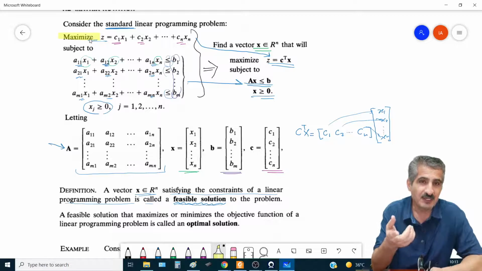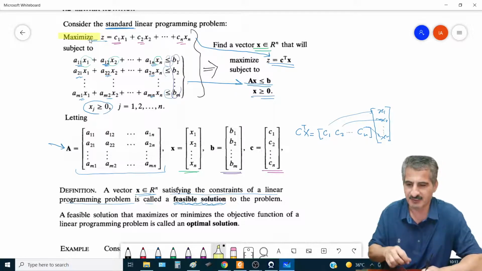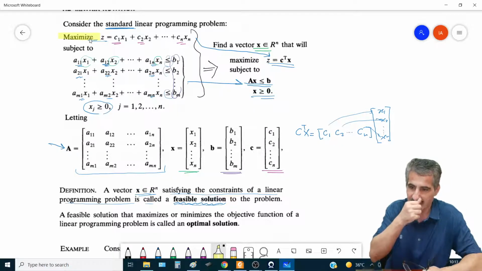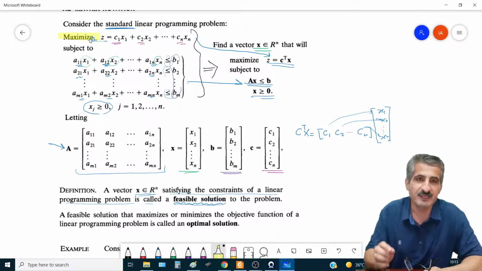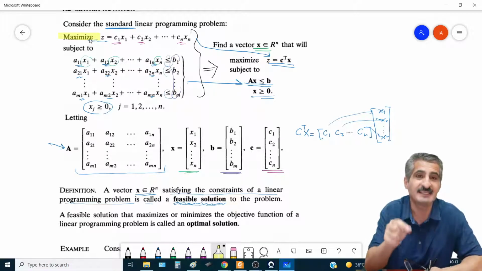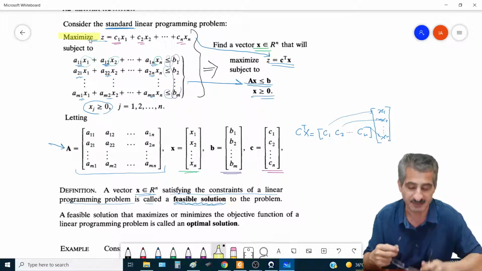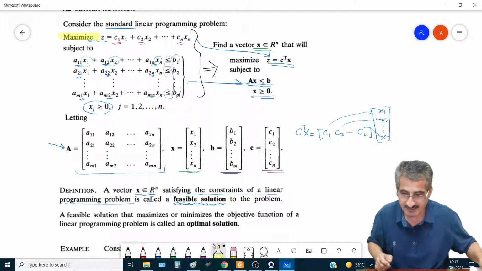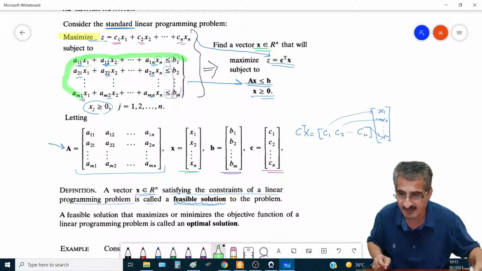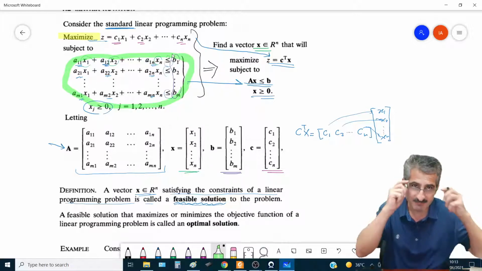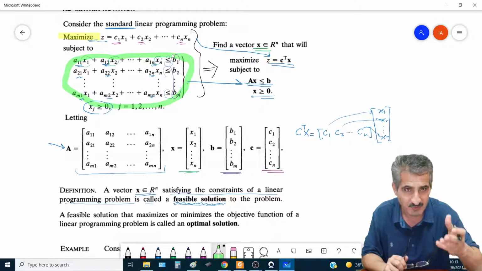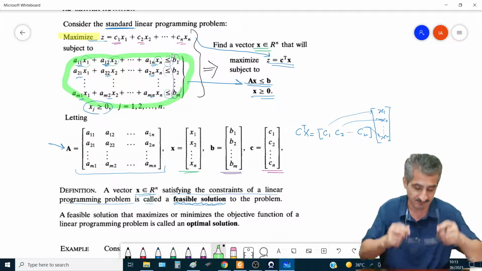Let me say that statement again because I want to involve the constraints in that. Maximize here means finding the values of x1, x2 to xn that satisfy all these constraints and maximize z. And these values of the variables must be non-negative.